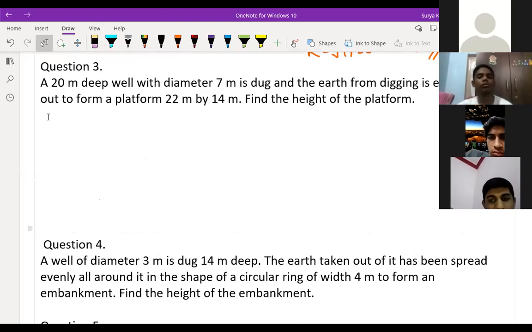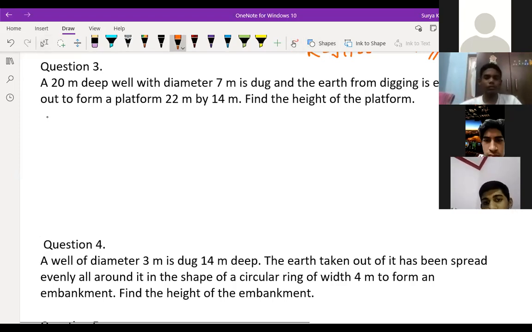Okay. A 20-meter deep well with diameter 7 meter. Very interesting, children. Try to understand what they are asking in the question. So first you just draw one deep well over here.